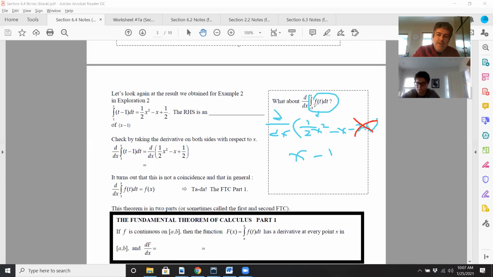So what we're starting to see also is that the lower limit doesn't matter. That's also another part of FTC we need to keep in mind, and we're going to do some examples of that in just a little bit. The lower limit won't matter when you have this.